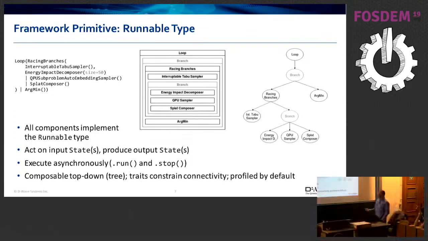All components are runnable types. A Runnable takes in a state and produces another state. It's executed synchronously. You can control which executor it is run in. And also, every Runnable implements some traits, and traits constrain connectivity with other blocks, and also constrain input and output states. And every Runnable is profiled by default.